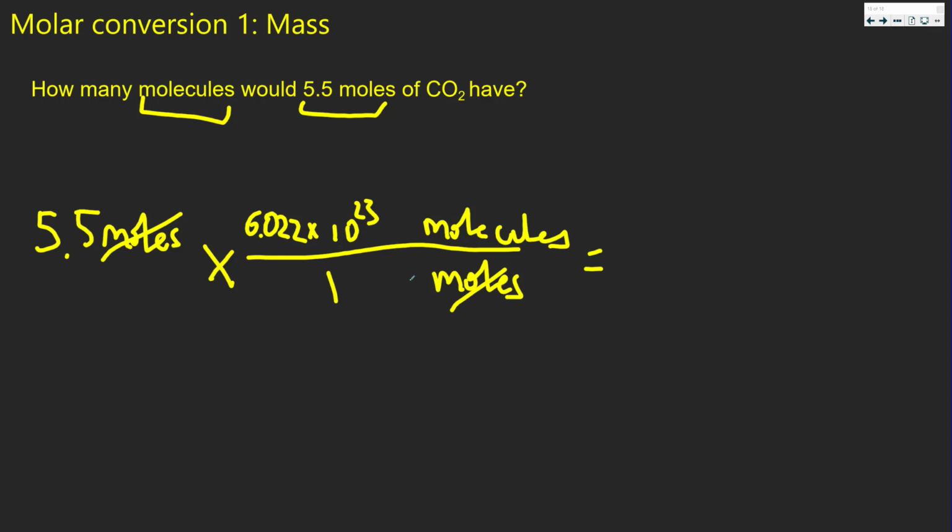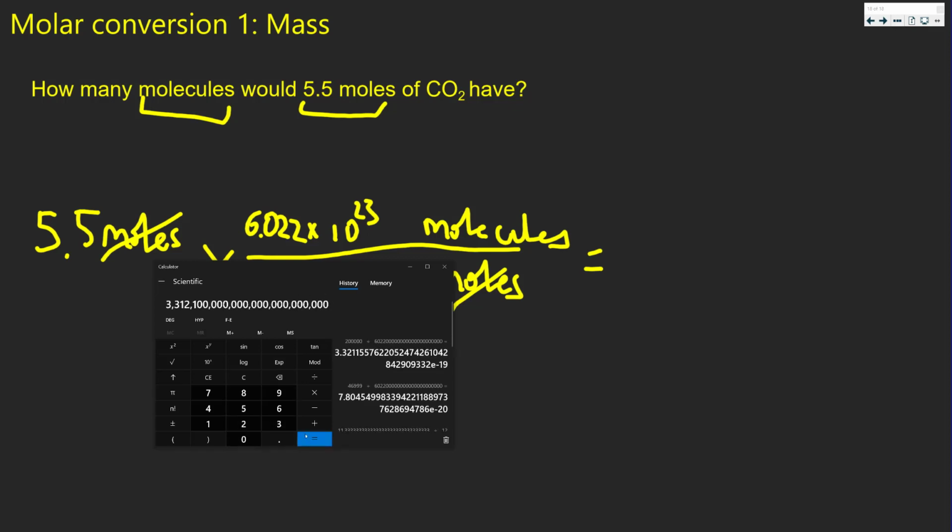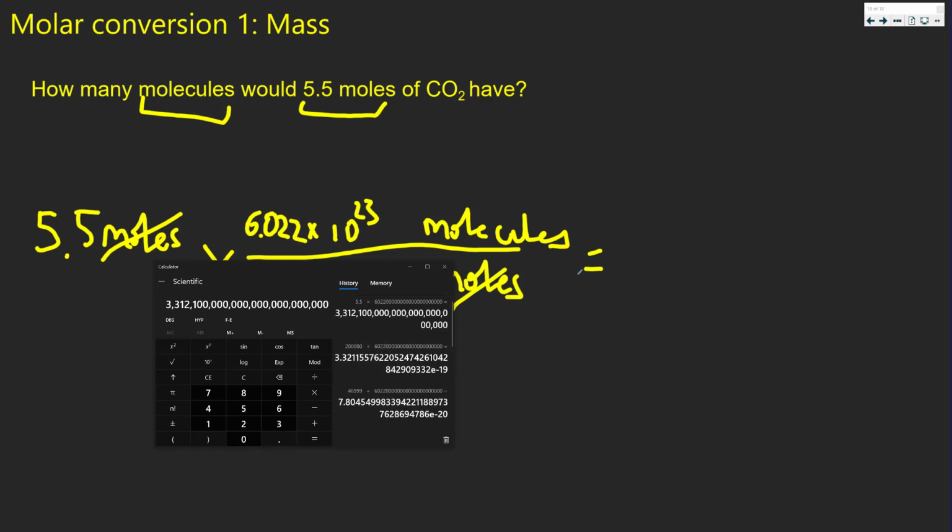So I'm going to get a pretty big number because I'm multiplying the moles by that. How I'm going to punch this in is 5.5 times 6.022 EXP 23. My answer is going to be this enormous number. So we'll probably have to put this in scientific notation.